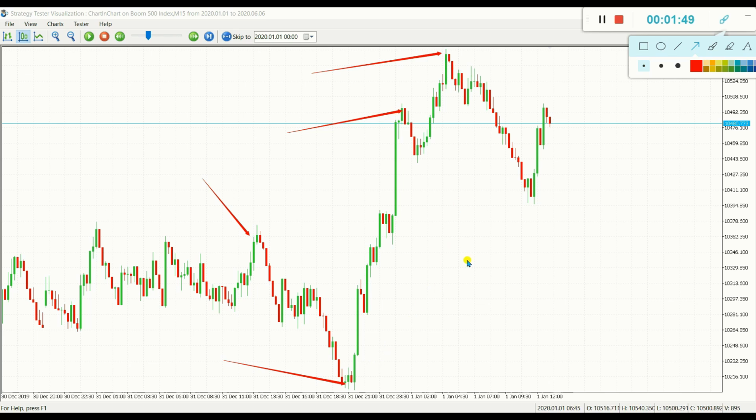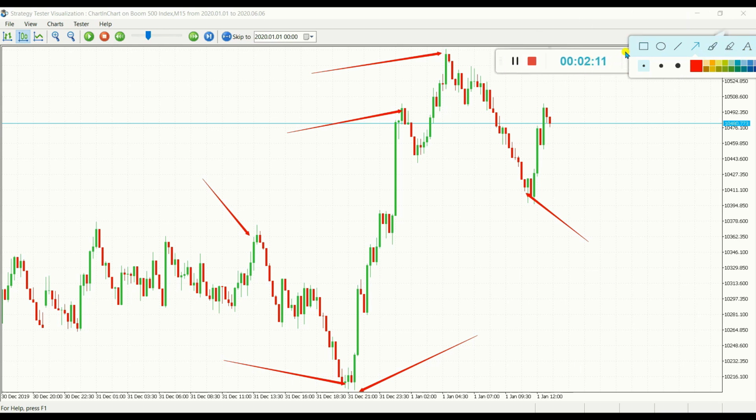Then another low created here, this point. What does it mean? We had a low here, but the market came again and created low. So this low is above this low. That means we have higher low right now, which is a criteria for a trend.